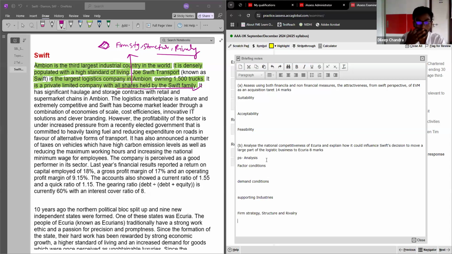From structure, I'll mention private, limited, family based, just for my understanding.